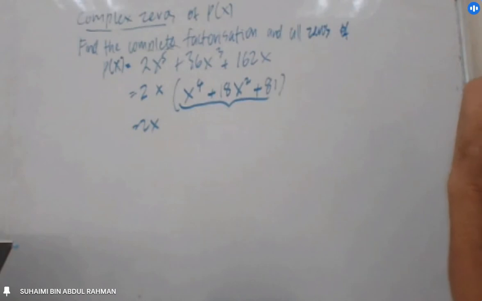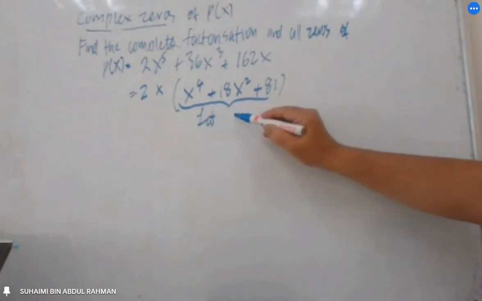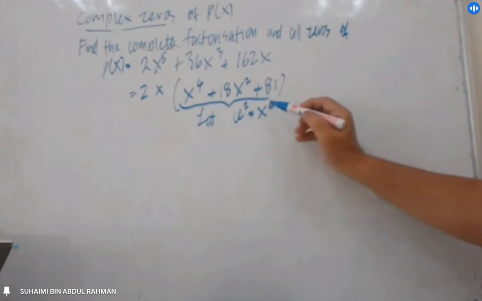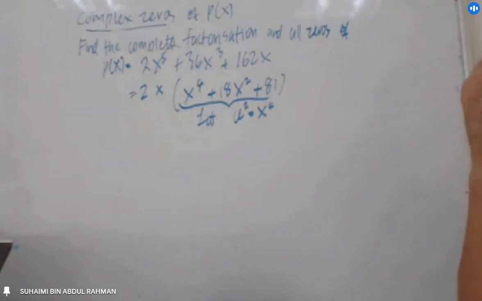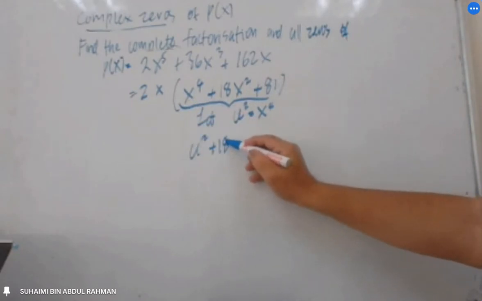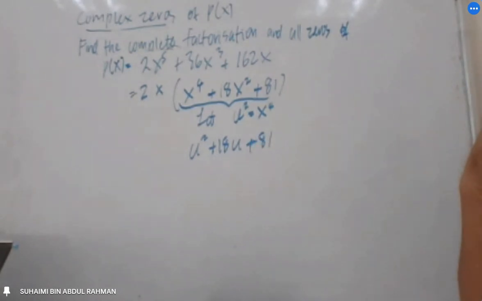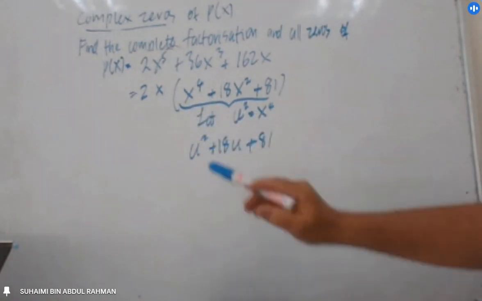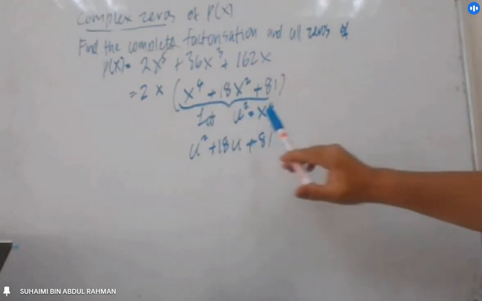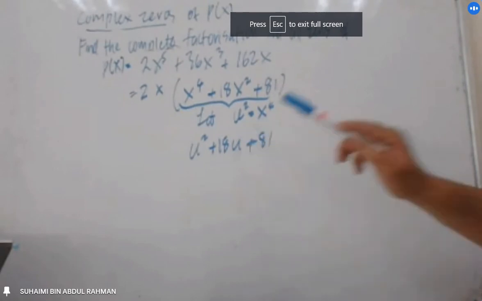we use factorization by substitution, where we let u squared equal x to the power of 4. Therefore, this becomes u squared plus 18u plus 81. Since we change it for a while, a temporary change, for x squared we make it u, and x to the power of 4 we make u squared.